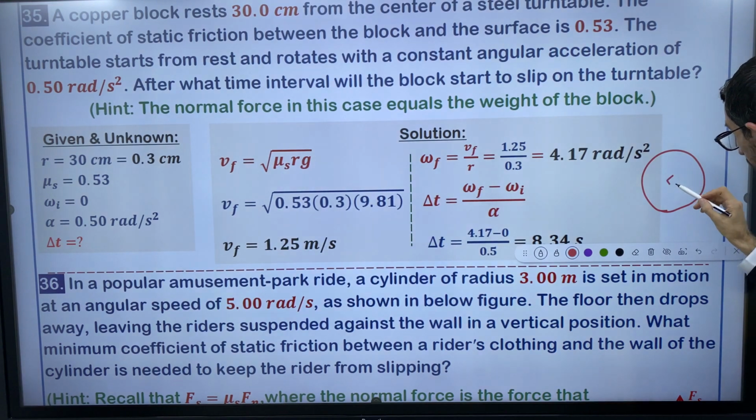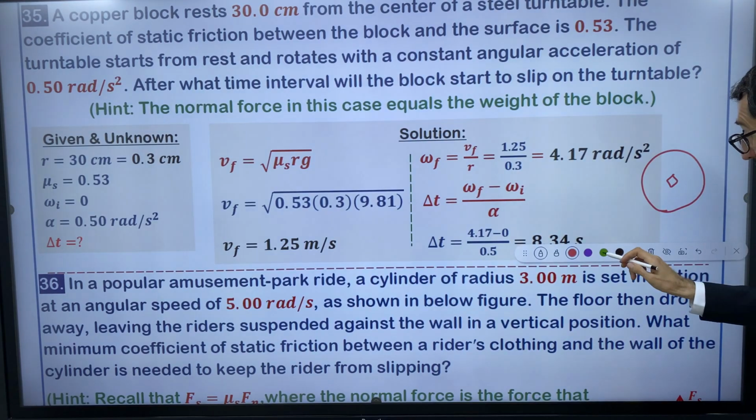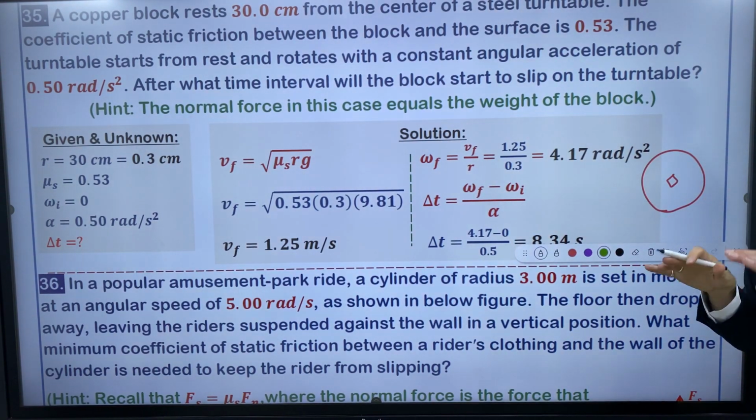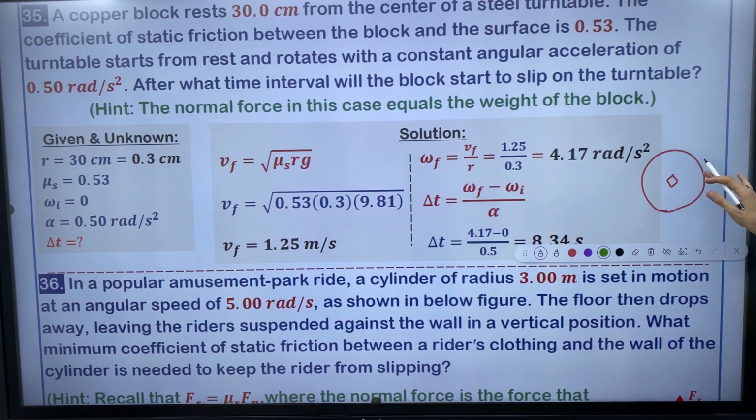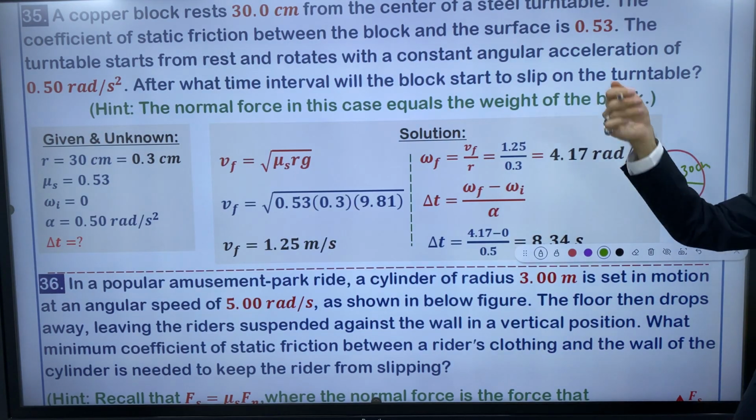The block sits at this point, and the distance from the center to the edge becomes the radius. So R is given. This is R.